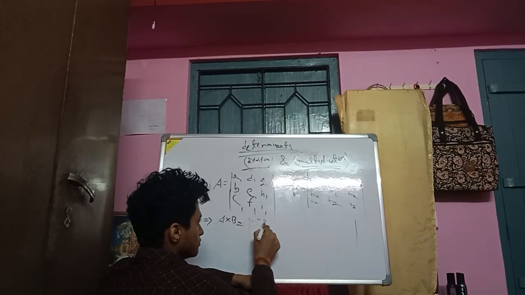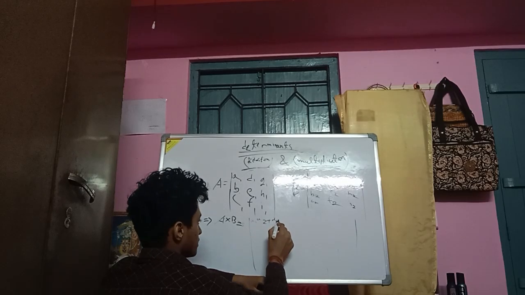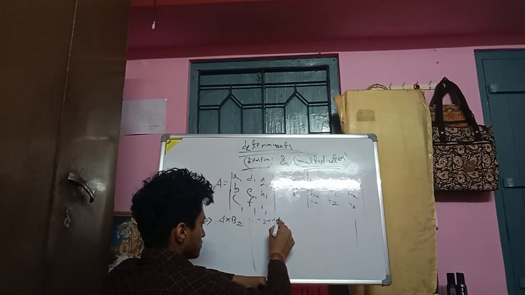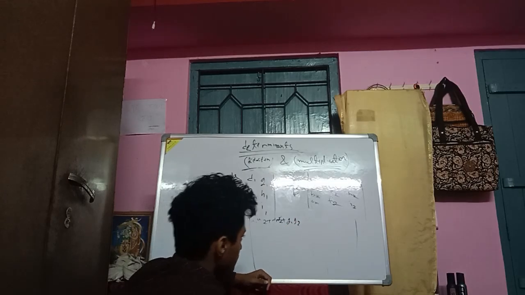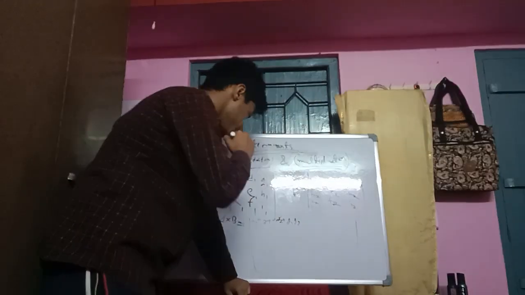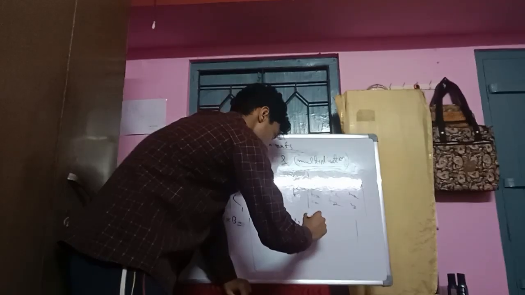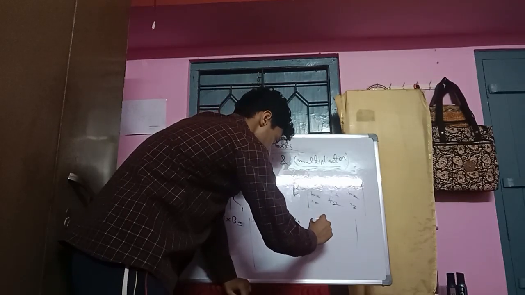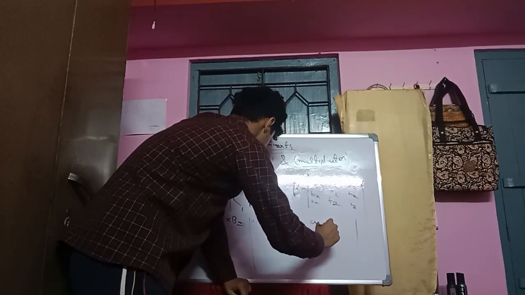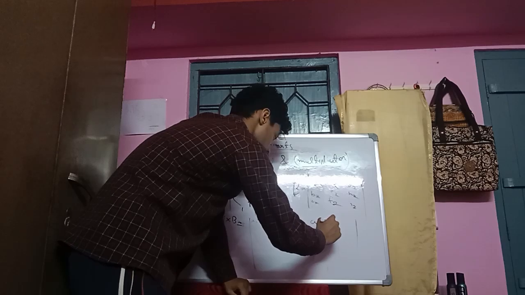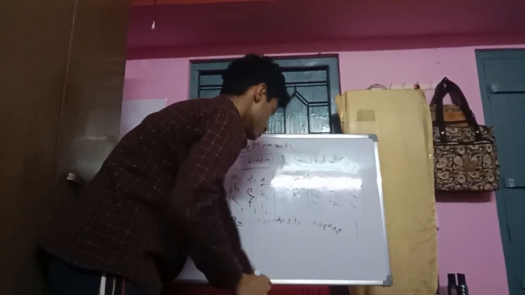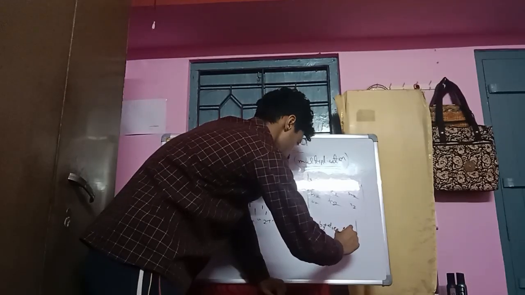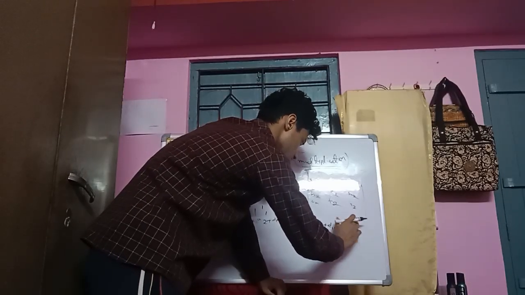A1 times A2 plus D1 times D2 plus G1 times G2. This will be the first element. The second element would be A1 B2 plus D1 E2 plus G1 H2.